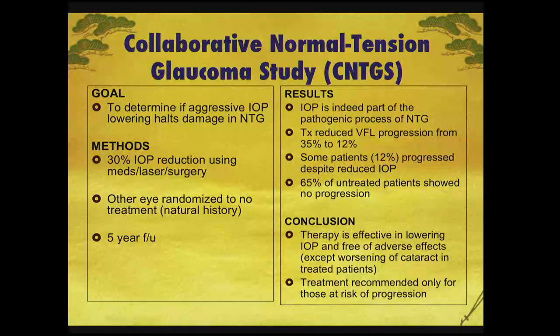And then the other conclusion is that a large group of patients with normal tension glaucoma are not going to progress very fast. So, of course, when you see them, you don't know that. But for a lot of them, nothing may happen for 5, 6, 7 years. Okay, and again, this study found that doing trabeculectomies caused cataracts.